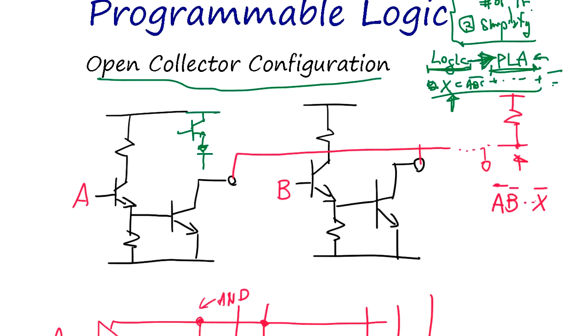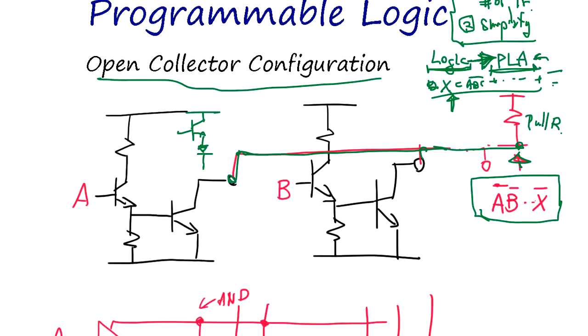The reason is you tie all the collectors together and have one pull-up resistor. And what happens is all of them tied together at this node becomes the NAND operation. So you can tie many gates together and NAND them together, right?